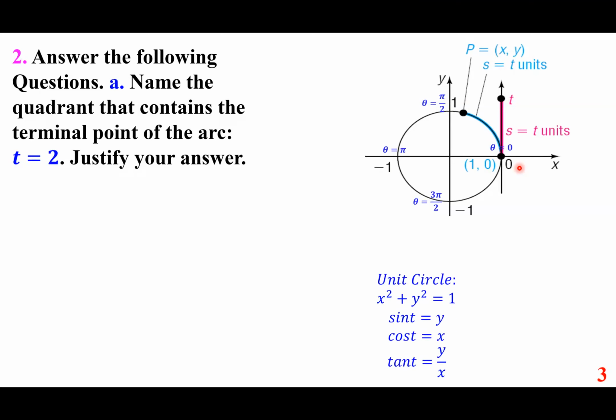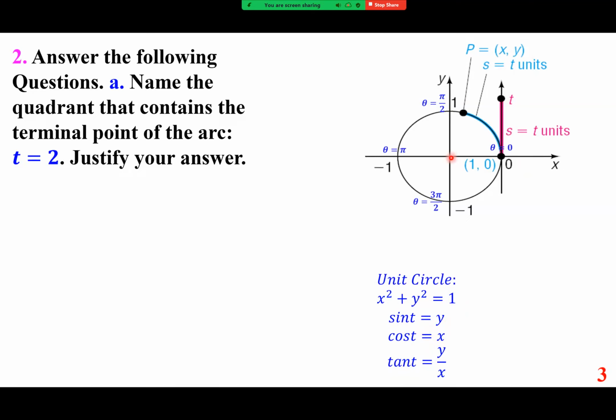And as you know, the unit circle: x squared plus y squared equals 1. Okay. So again, reminding you of some of the important formulas, class. Sine t is the y coordinate, cosine t is the x coordinate, tangent is the ratio of y over x.